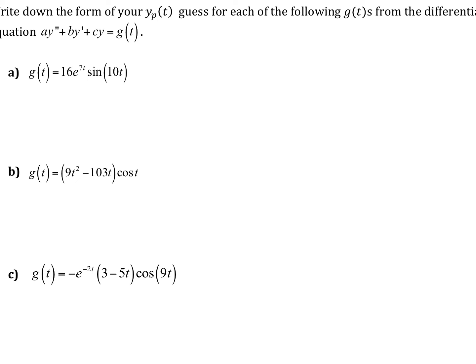I don't care about the complementary solution right now. We're just saying what we would choose as our guess. So I want you to think about these three examples and see what you would list as your guess. And I wouldn't multiply them all out necessarily. So let's start there and just see what you would get for the guess, because the multiplication of our particular solutions is actually the easier part. When we get to the adding, it gets a little bit messier.